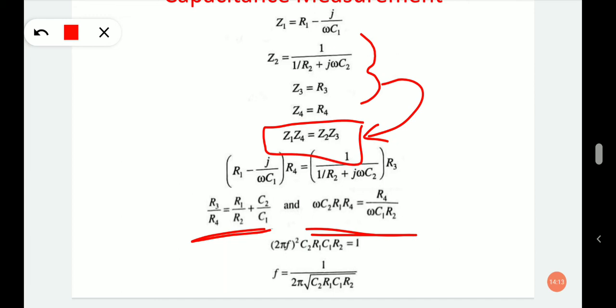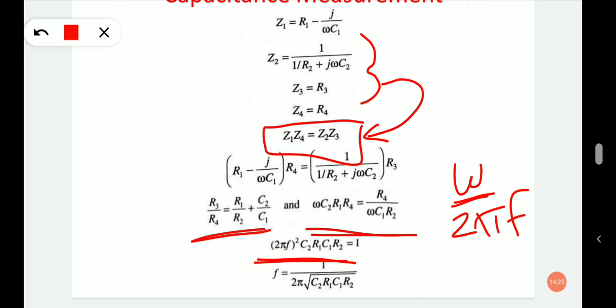The angular frequency omega is expressed as 2 pi f. In the imaginary part, here (2 pi f) squared, that means omega squared C2 R1 C1 R2 equals 1, or we can write the frequency f equals 1 upon 2 pi square root of C2 R1 C1 R2.